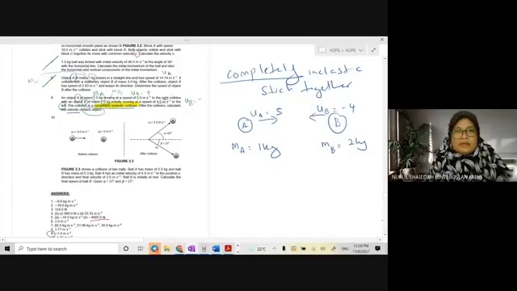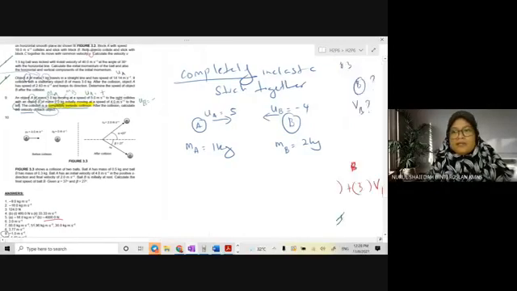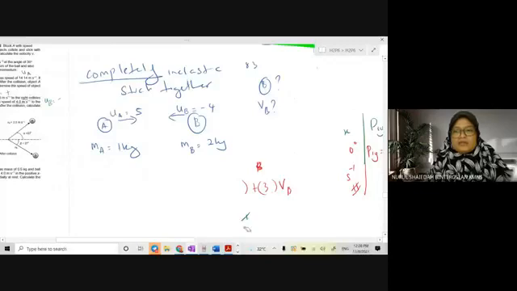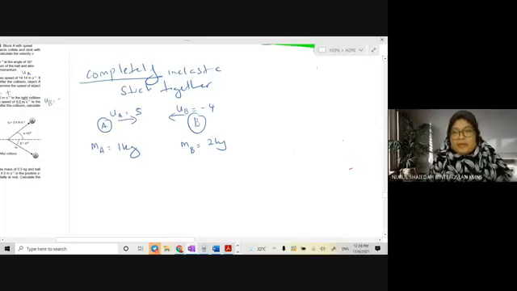Dia kata completely inelastic, so final product you adalah stick together. So A dengan B ni stick together. Dia moving ke kiri ke kanan, saya tak tahu. Tapi dia bergabung, so saya masih gunakan conservation of momentum.